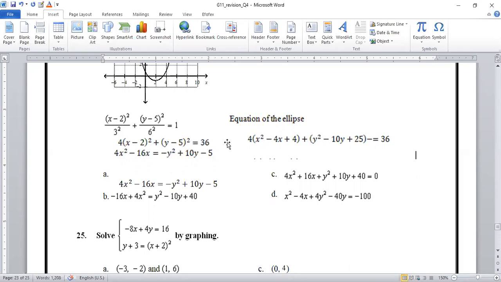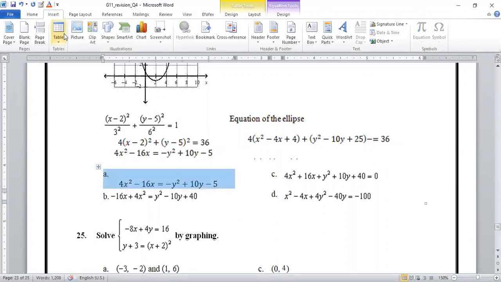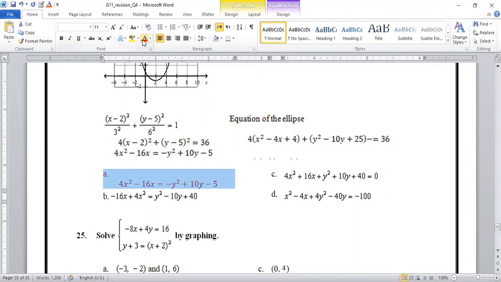Then we put (x minus 2) squared equal x squared minus 4x plus 4, and (y minus 5) squared equal y squared minus 10y plus 25, equal 36. After simplification we get 4x squared minus 16x equals negative y squared plus 10y minus 5. So the equation will be number A.